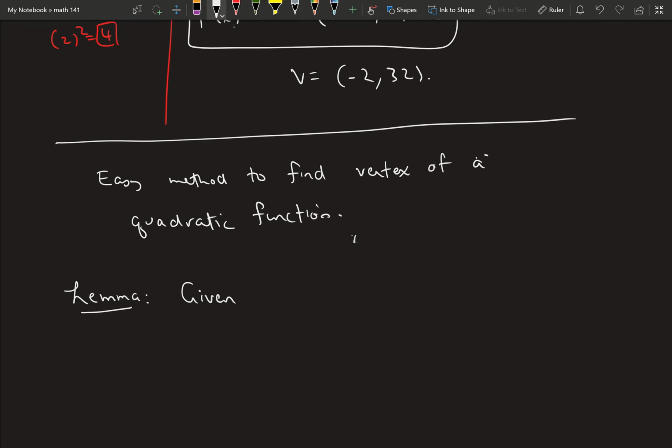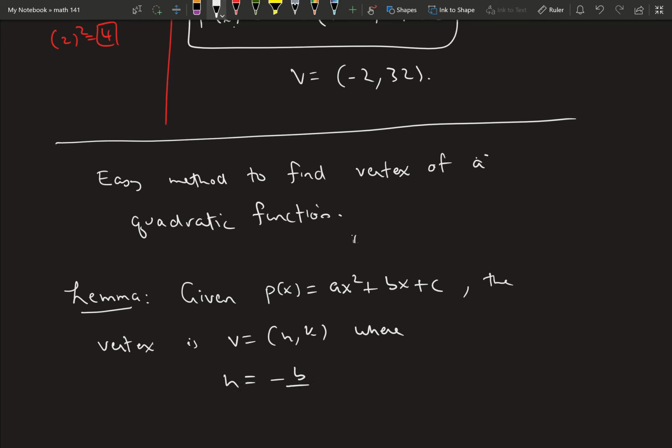Given p of x is equal to ax squared plus bx plus c, which is a quadratic function, the vertex is v equals (h, k), where h is equal to negative b over 2a, and k is the p-value of that particular x value.